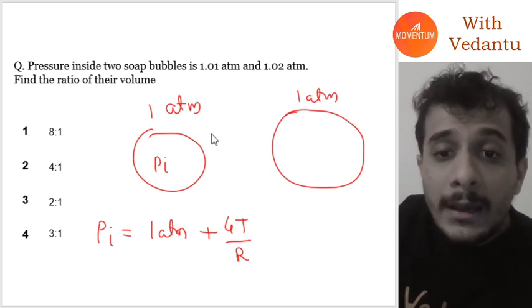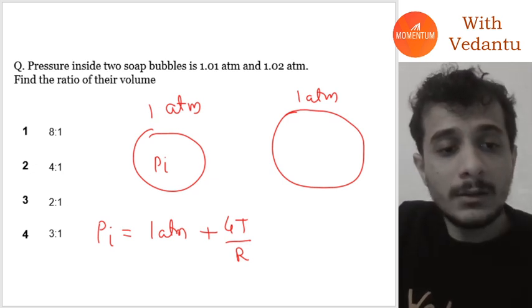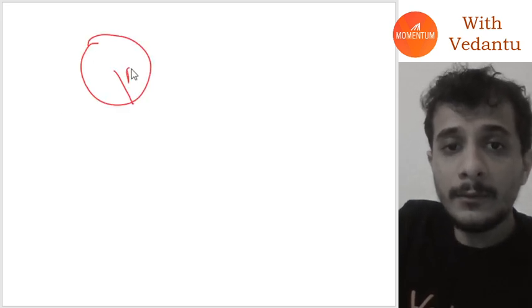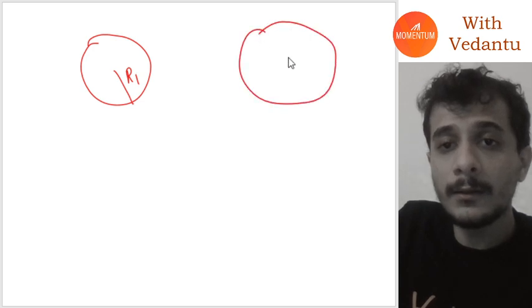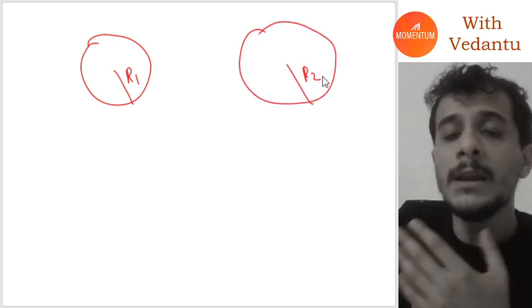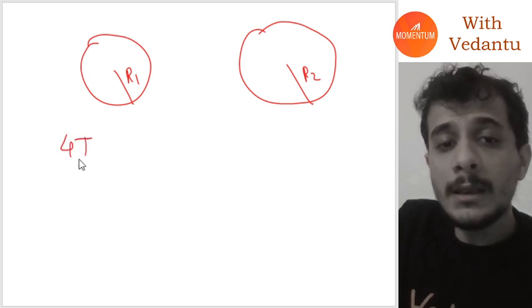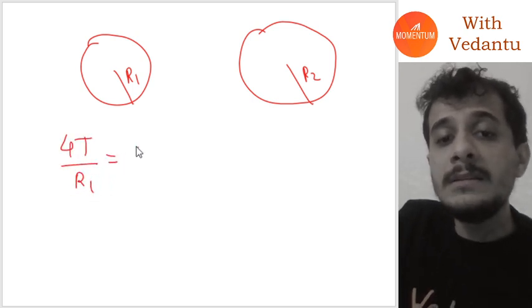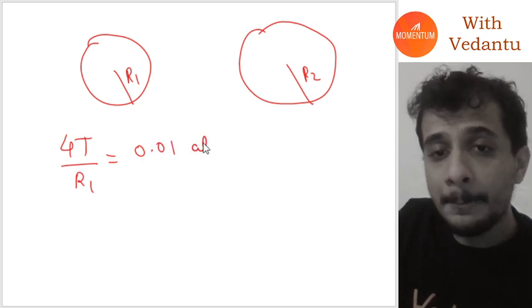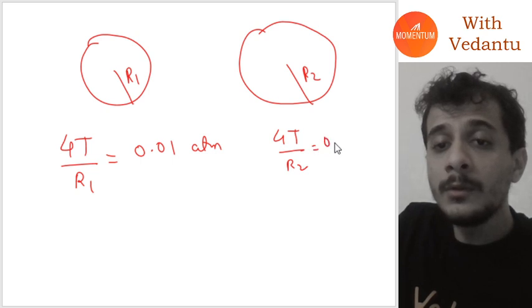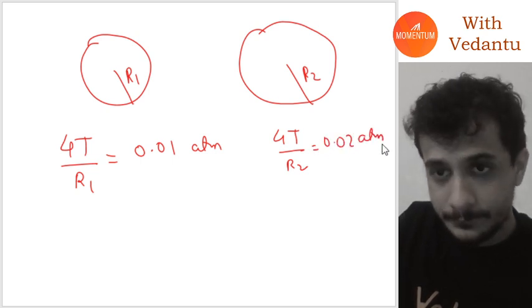Looking at the data, it's super simple to see that, let's say the first one had radius R1 and the second one had radius R2, 4T by R1 will be 0.01 atm, and 4T divided by R2 is equal to 0.02 atm.